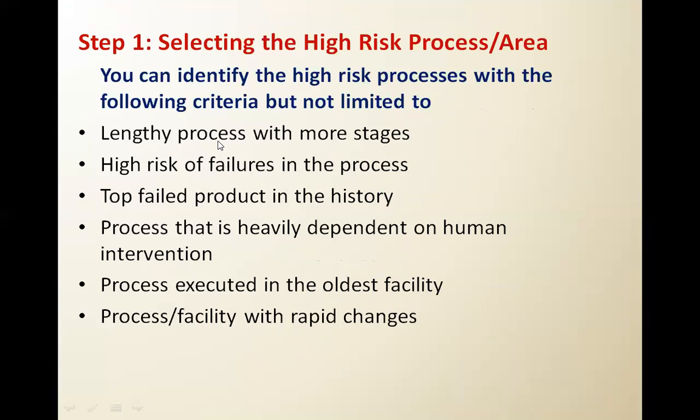The first step in this is the selection of the high risk process area. Here we identify the high risk process with the following criteria. Number one is a lengthy process with more stages, high risk of failure in the process, top failed product in the history, process that is heavily dependent on human intervention, process executed in the oldest facility, then process or facility with rapid changes.